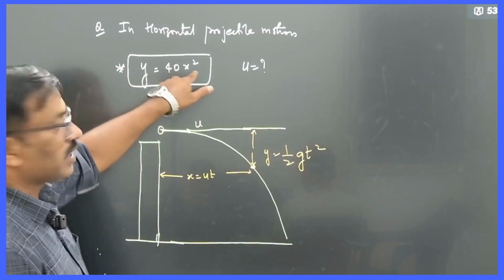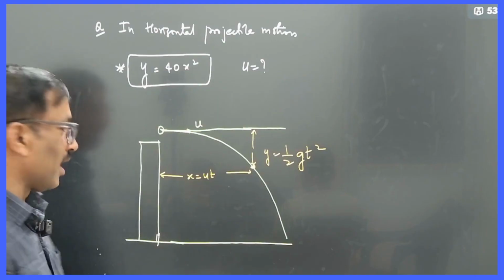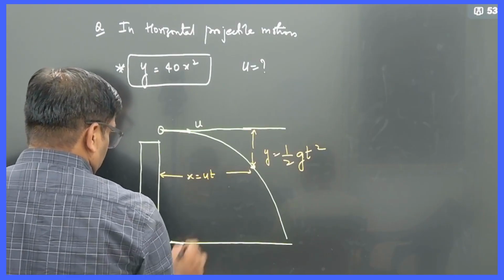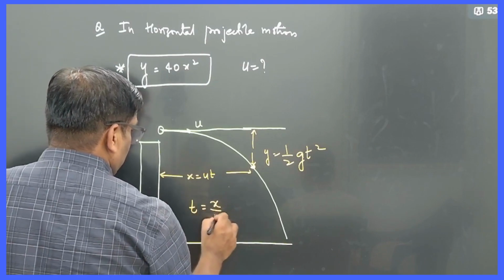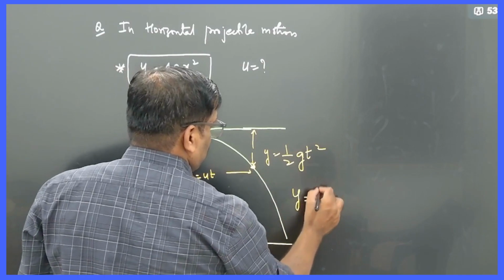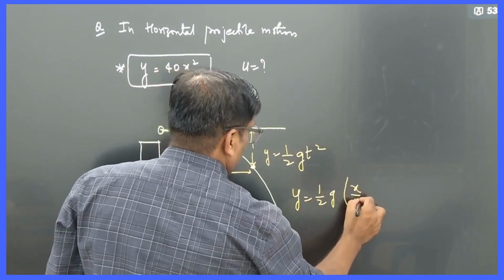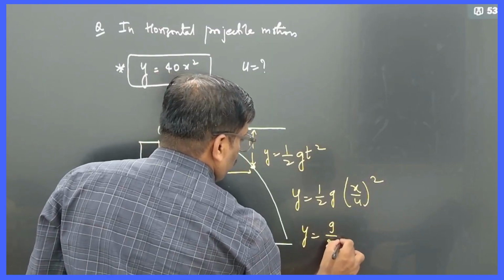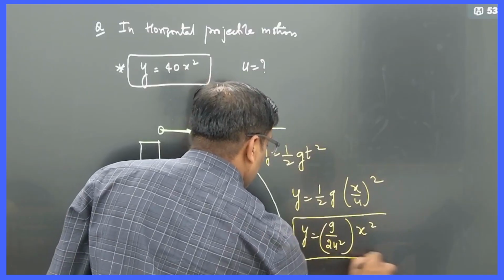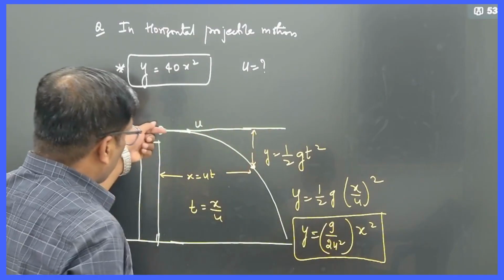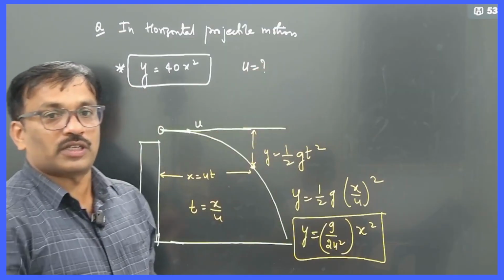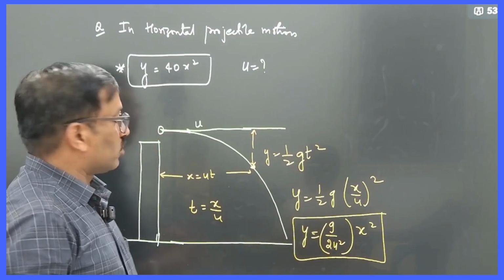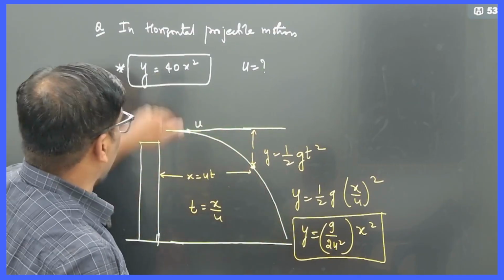Here this is a function of distance, and time is not there, so we will eliminate the time. x = ut, so t = x/u. Substitute here: y = ½ × g × (x/u)². Therefore y = (g/2u²)x². This is a parabolic equation. This is the path followed by the horizontal projectile particle.